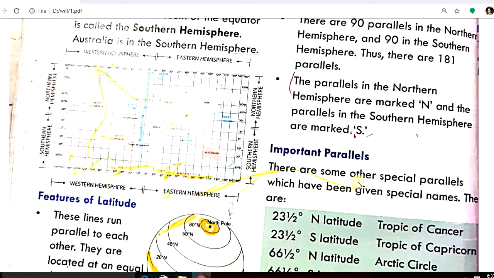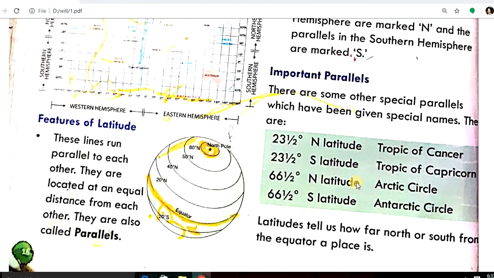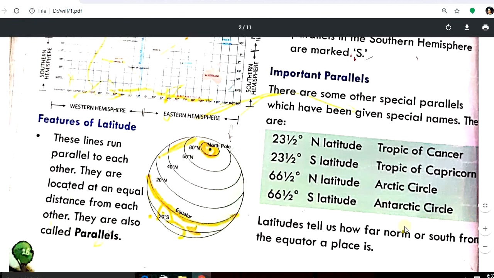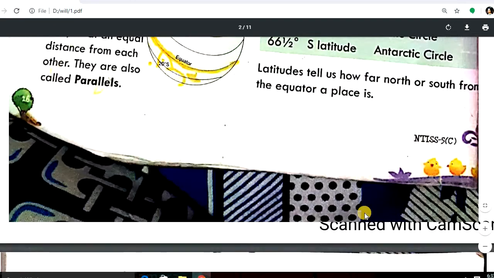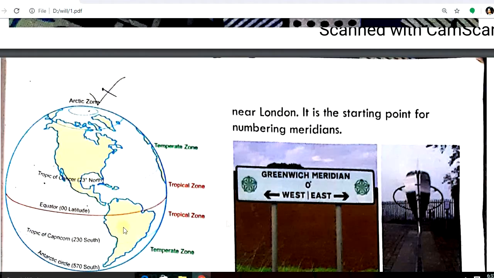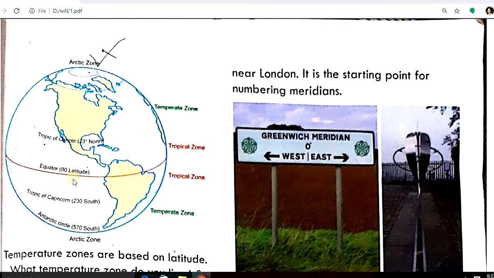Now the important parallels. How many important parallels are there? First is Tropic of Cancer, Tropic of Capricorn, Arctic Circle, and Antarctic Circle. Okay, now in this, first this is the equator, and the upper part of equator is Tropic of Cancer, north side.